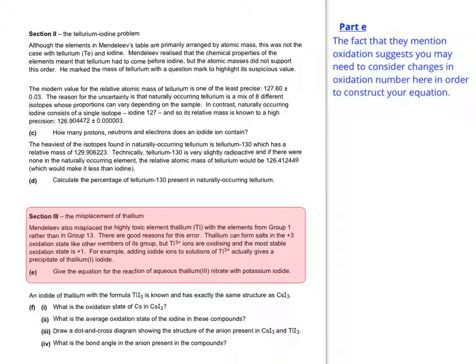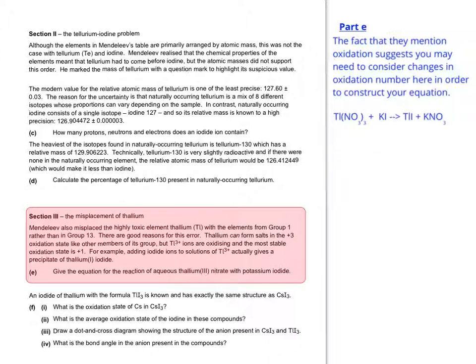It's highly probable that, given they're mentioning oxidation number changes, it might be an idea to try and use oxidation states to help you construct your equation. So we did a bit of work on indium earlier, which is above thallium in the periodic table. So it should be no surprise that the nitrate of thallium is very similar in its stoichiometric mole ratios to the nitrate of indium, so Tl(NO3)3.